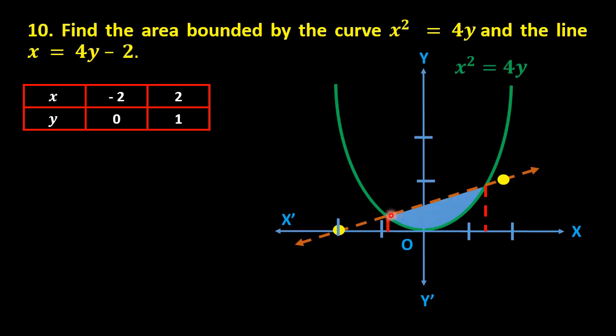And in order to find the area on the left side, in a similar way, we first calculate the total area, this area, and then we subtract this small area, and then we get the area of this region. At last we add the two areas to find the total area bounded by the curve x square equals 4y and the line x equals 4y minus 2. So this part you do by yourself.